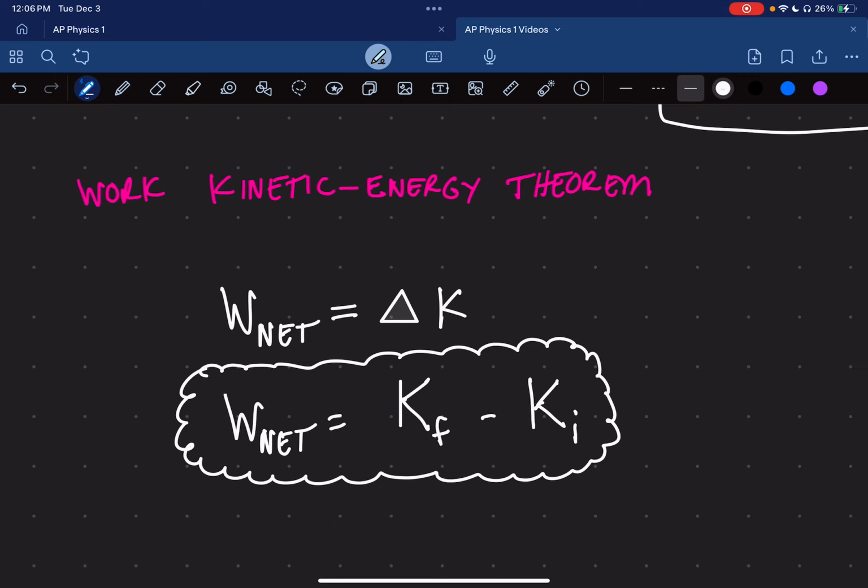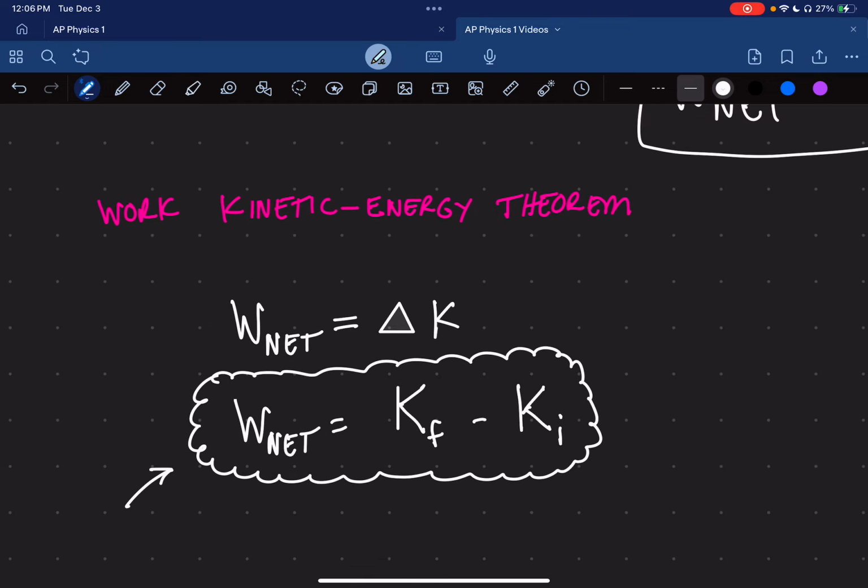And it says that the total work done on an object will equal the change in kinetic energy of the object. And the change in kinetic energy, we're going to write it as final kinetic energy minus the initial kinetic energy. And we're really going to use this form of the equation and occasionally maybe use that one. But we'll use the bottom one more often. So what this means is if I add a net amount of work to an object, then it will change its kinetic energy.